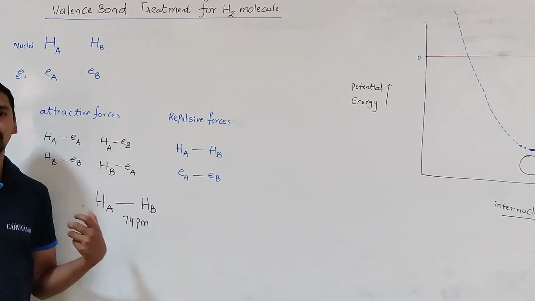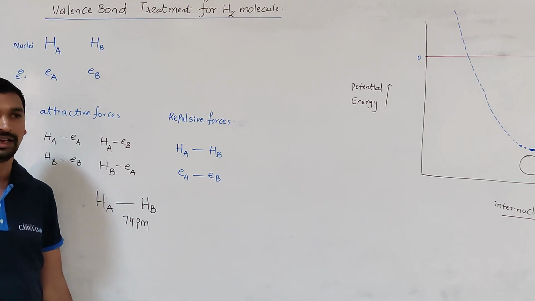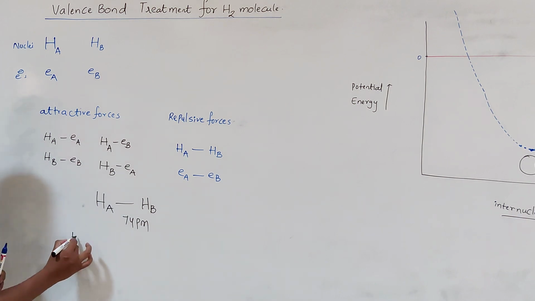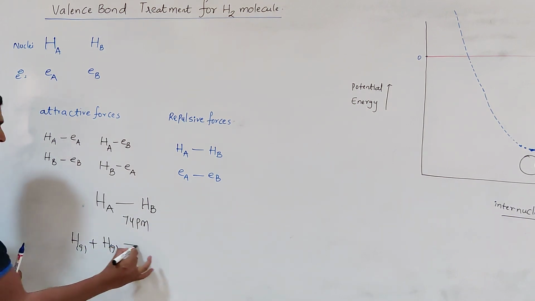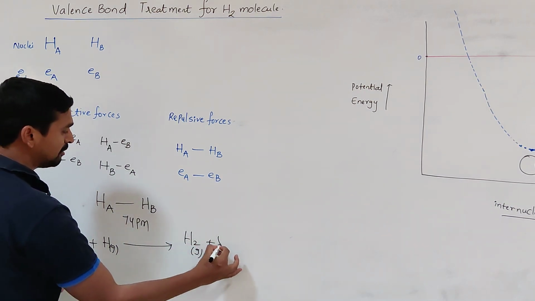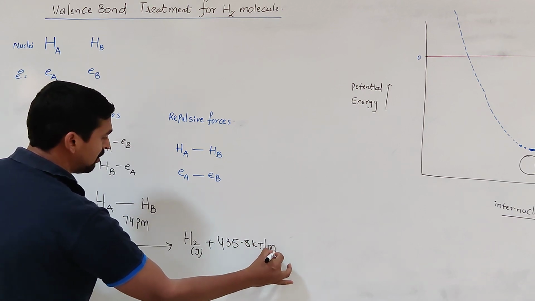At that stage, the molecule acquires a state of minimum energy and maximum stability by releasing a greater amount of energy. Hydrogen atoms combine to form a hydrogen molecule with the release of energy of 435.8 kilojoules per mole.